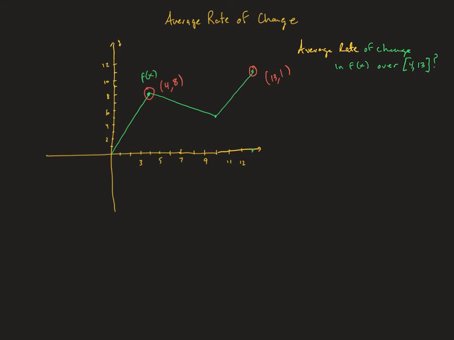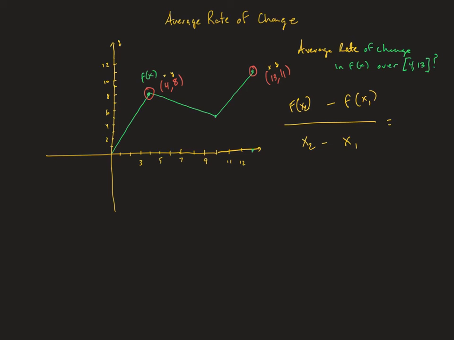So again, 4 and 8 is going to be my ordered pair, and then 13 and 11 is my ordered pair here. Now remember that this is going to be my x and y, so I can set that up as a ratio. My average rate of change is going to be f of x2 minus f of x1 over x2 minus x1.